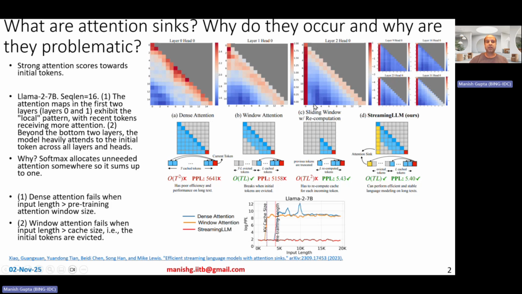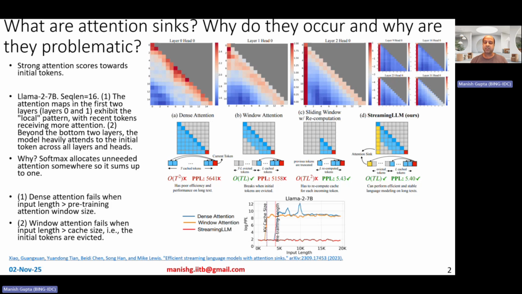So strong attention scores are being observed towards initial tokens, and that is why these initial tokens can be referred to as attention sinks. Now, why would this be happening? Well, in some cases, for a particular word which is self-sufficient by itself, you do not want to pay any attention to other tokens.